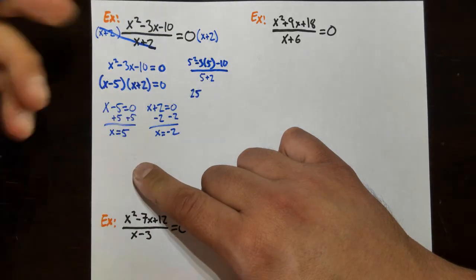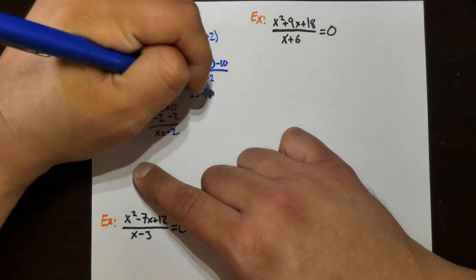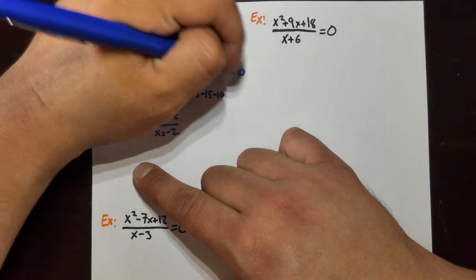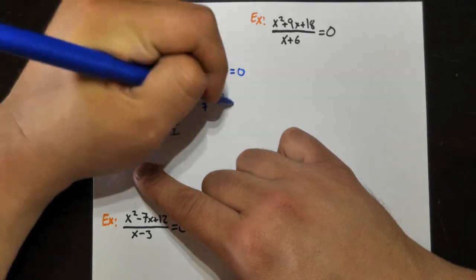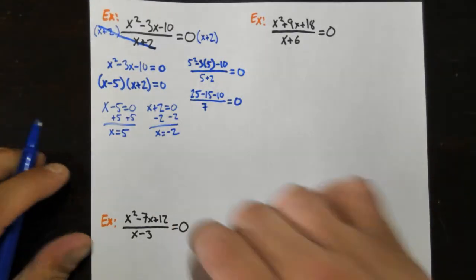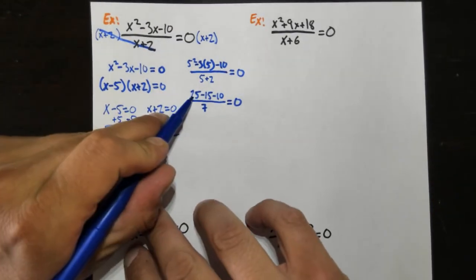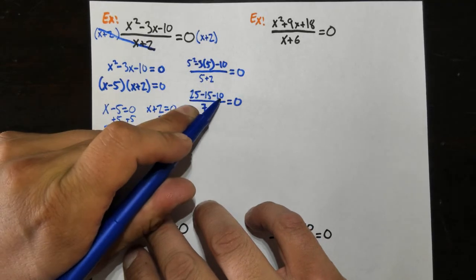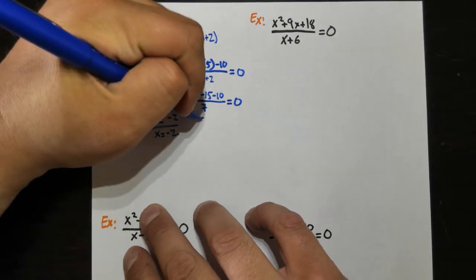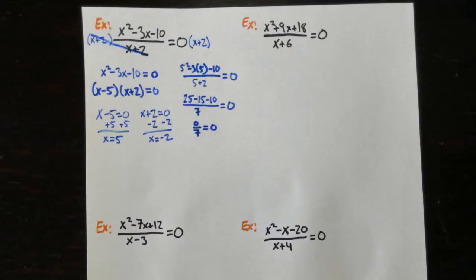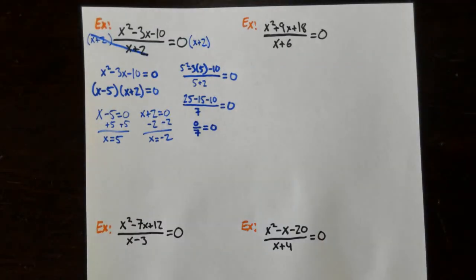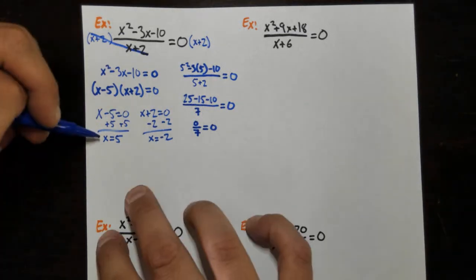Negative 3 times 5 is negative 15, minus 10. Over 5 plus 2 is 7, equals 0. 25 minus 15 minus 10 is 0, so we do have 0 over 7. That is awesome. So 0 is equal to 0. So 5 is a solution.